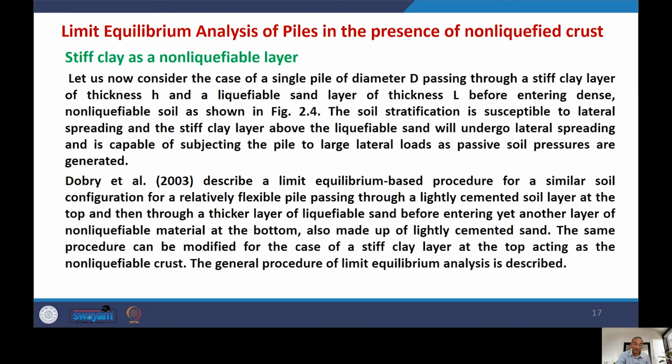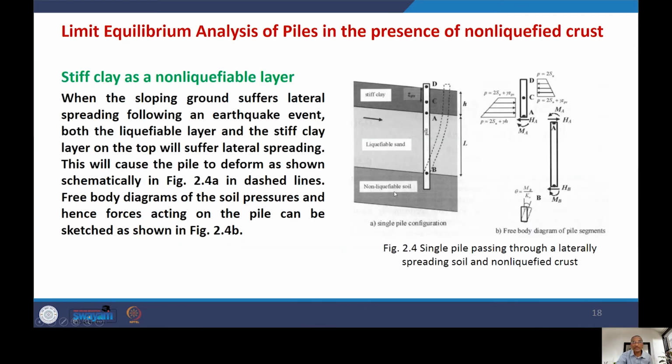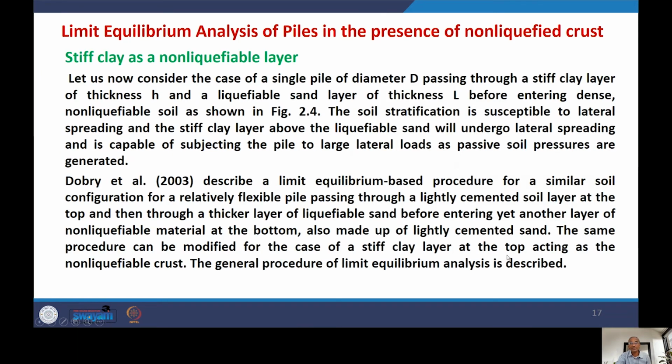For this problem, Dobry et al. in 2003 describe a limit equilibrium based procedure for a similar soil configuration, for a relatively flexible pile passing through a lightly cemented soil layer at the top and then through a thicker layer of liquefiable sand before entering yet another layer of non-liquefiable material at the bottom, which is also made of lightly cemented sand. So the problem is similar to what is shown in this figure.